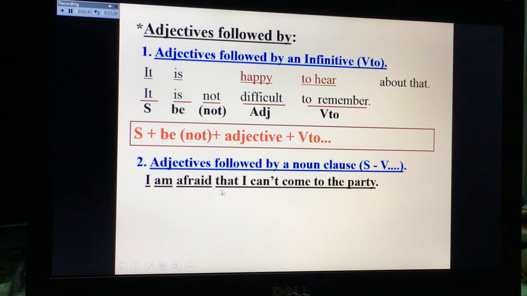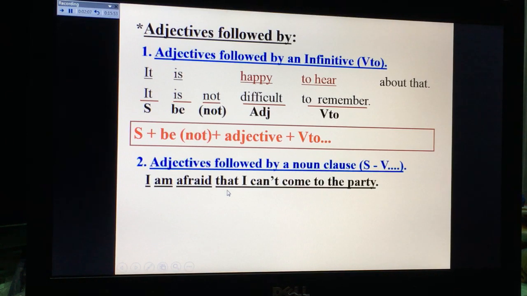I am afraid that I can't come to the party. So what is the difference between this sentence and the sentences in number 1? We have afraid. I am afraid. Afraid is an adjective too. But after afraid, we don't use a V2.